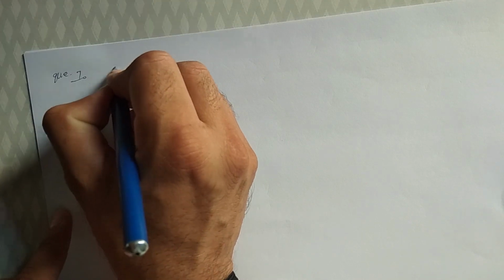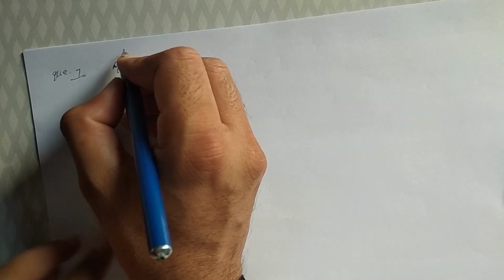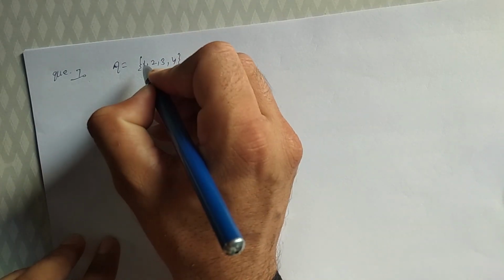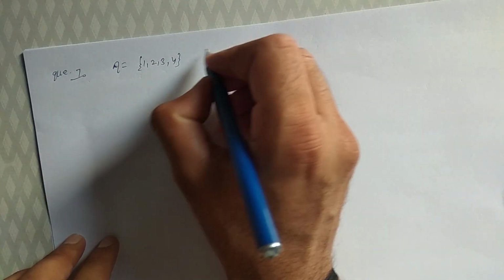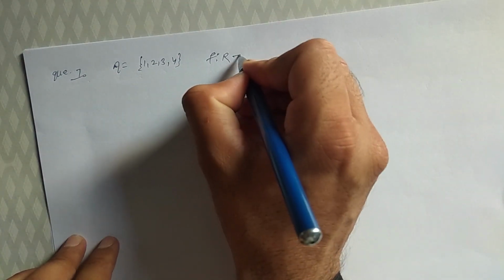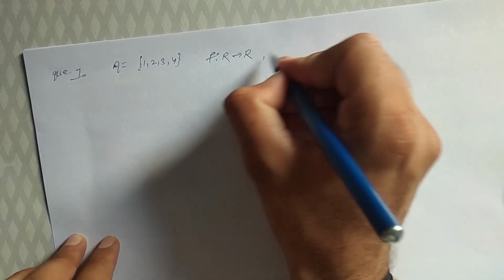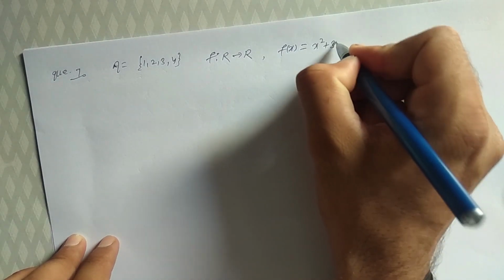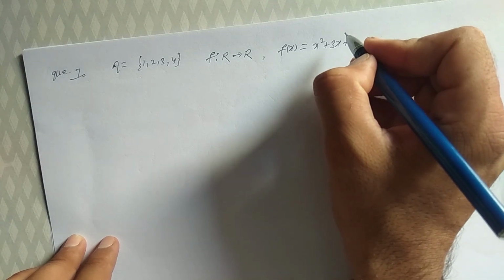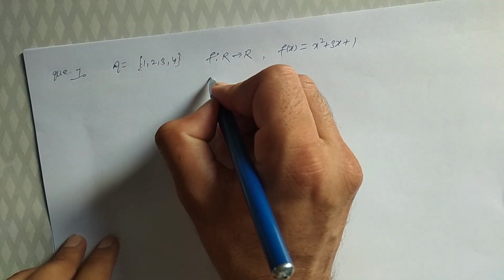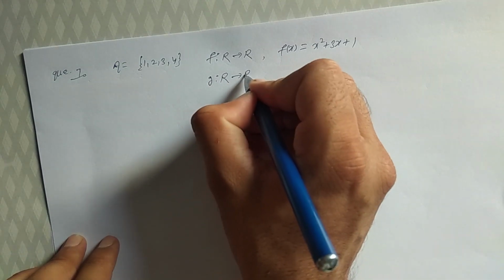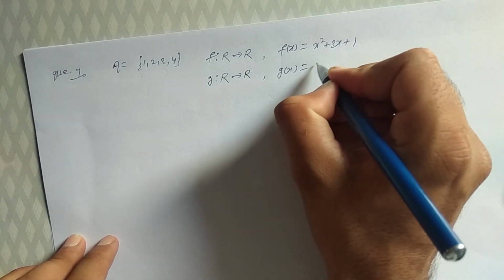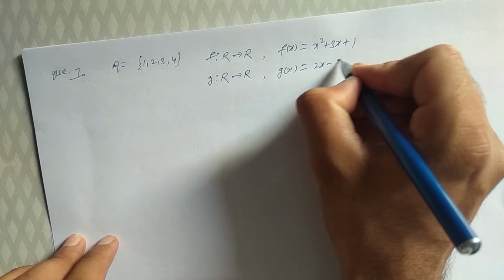If A is equal to {1, 2, 3, 4}. Mapping of function f from R to R, f(x) is equal to x square plus 3x plus 1, and mapping of function g from R to R, g(x) is equal to 2x minus 3.